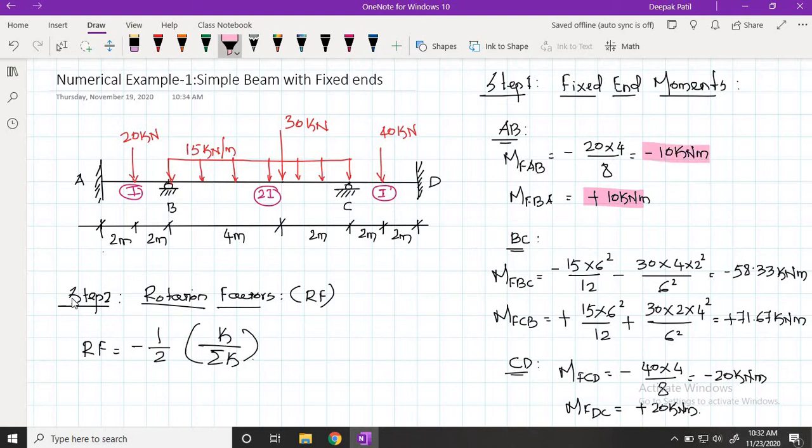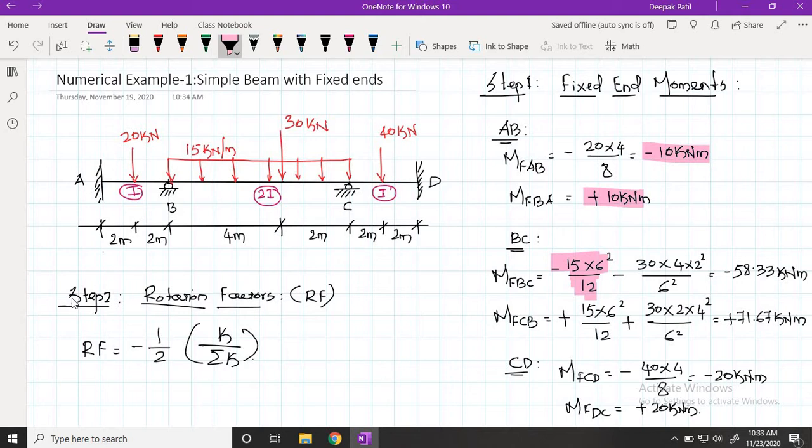Now once I come back to span BC, in span BC there are two loads. We don't have an exact formula to calculate the fixed end moment when two loads are acting together. So here we have to use the principle of superposition. I am first finding the fixed end moment due to UDL, that is minus WL square by 12.